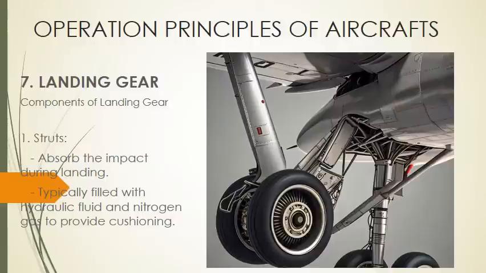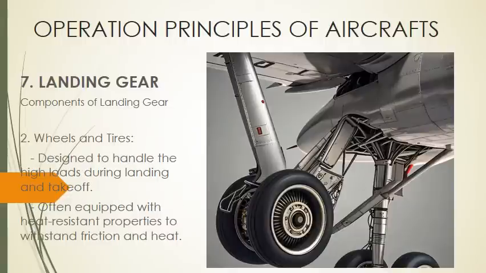When the aircraft is approaching landing, it will have already started slowing down, but the weight is still a lot, so the strut is needed, as it is what will absorb the impact during landing. So it's filled with hydraulic fluid and nitrogen gas to provide cushioning.